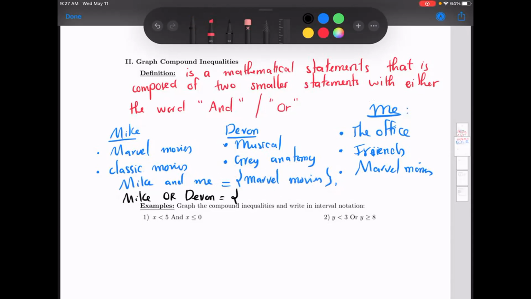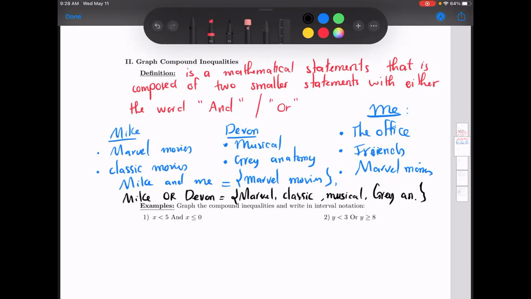When you say or, that means either of you, whatever you like together. So Mike is Marvel movies, classic movies, and Devin is musicals, Grey's Anatomy. When you say and, it's a smaller subset; you have to choose the common interest of both.